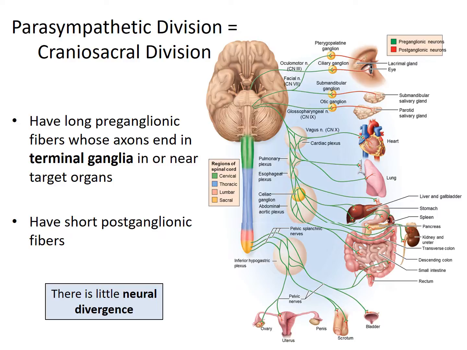So remember, in the sympathetic division, the preganglionic fibers are short and the postganglionic fibers are long. In the parasympathetic division, the preganglionic fibers are long and the postganglionic fibers are short. Moreover, there's very little neural divergence.